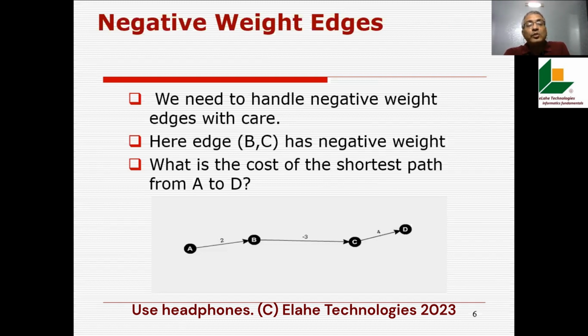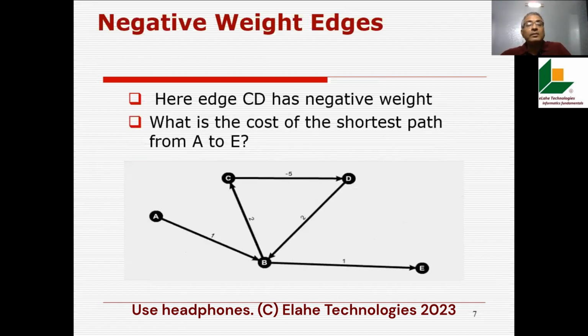And why this assumes significance is, let us look at this little example that I have on the slide here. We have a graph with 5 vertices A, B, C, D, E, and as you can see there is an edge which is of negative weight. All the other edges are of positive weight, and this edge going from C to D is a negative weight, -5.